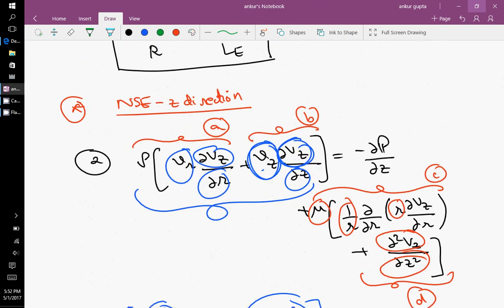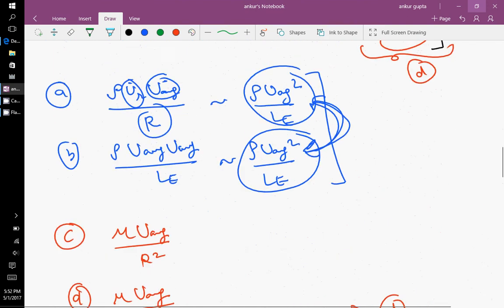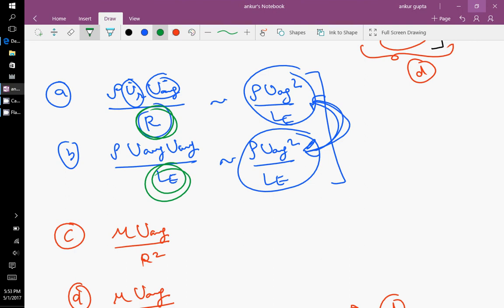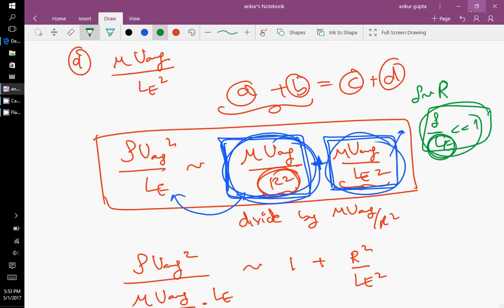And we made some assumptions, and then we had the continuity equation and used scaling analysis, and then we had the Navier-Stokes equation in the z direction, and we used scaling analysis. The new part here was that we scaled delta by R and length by the entrance length, and we just couldn't ignore one of the terms without knowing the Reynolds number we are in.